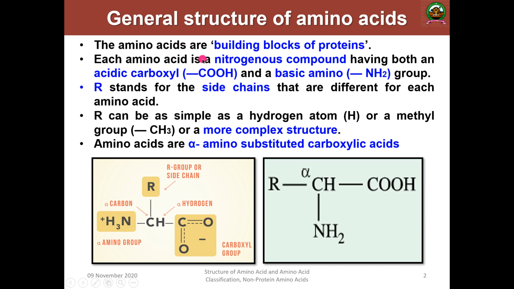As we have discussed in the last class, you know that amino acids are the basic building blocks of proteins, and proteins are the major building blocks of life. Each amino acid is a nitrogenous compound having both an acidic carboxyl group and a basic amino group, so amino acids have both an amino terminal end and a carboxy terminal end.